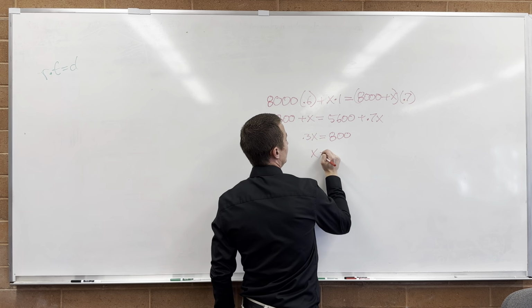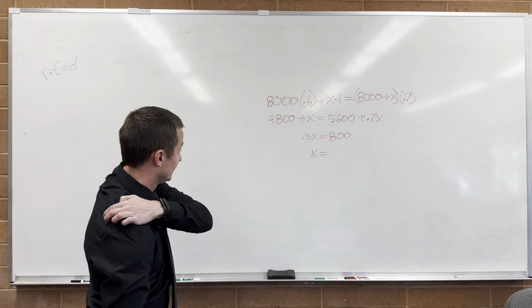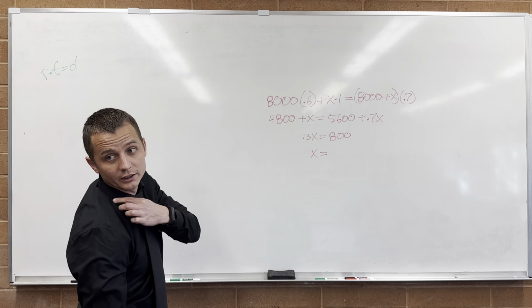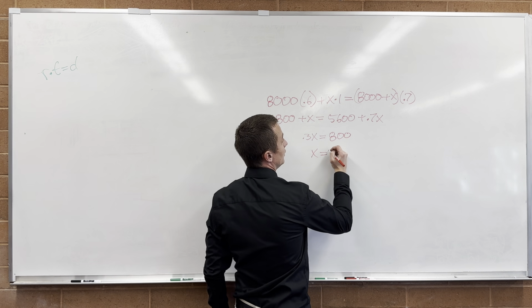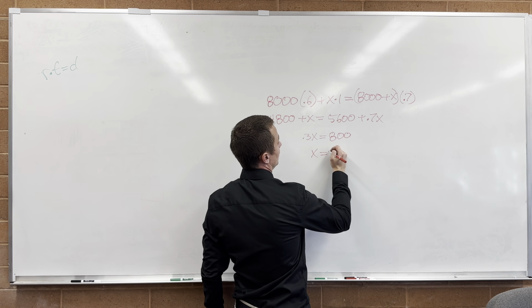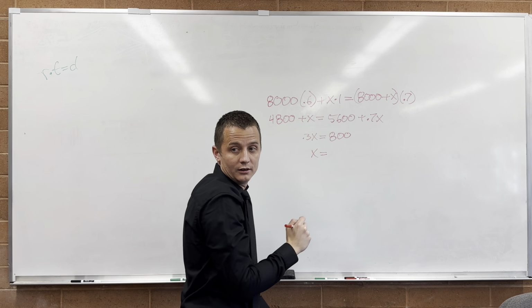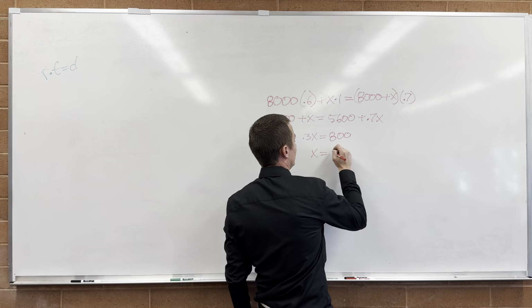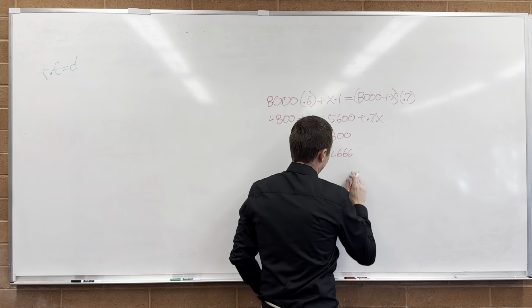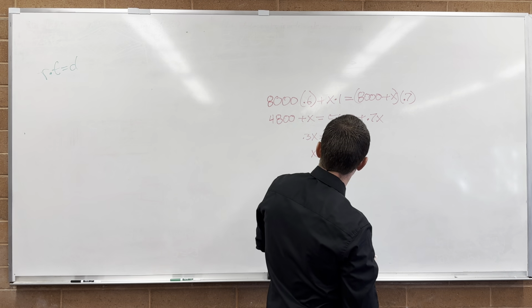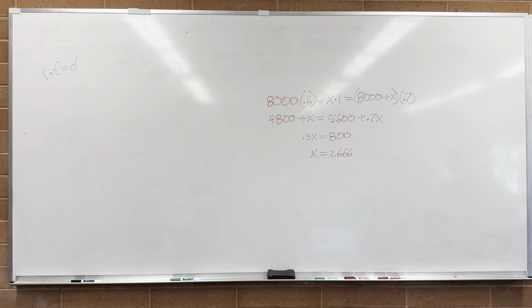So x is equal to, let's see, what's 800 divided by 0.3? 2,666.6 would be. I don't like that. I think I did something wrong. And of course I left my calculator.